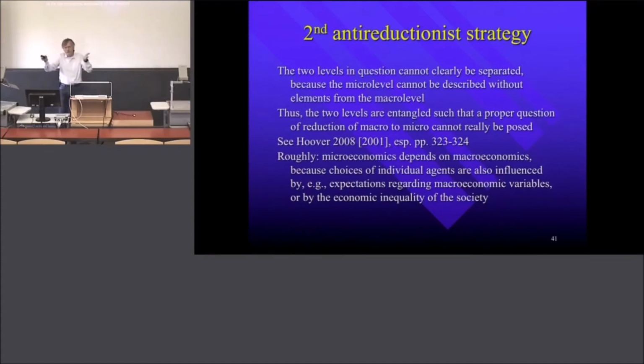Inequality of a society is, of course, a macro property of the society. People act on this basis, so the macro level already influences the micro level, and therefore it doesn't really make sense to ask, can the macro level reduce to the micro level? Because it's already present in there, and then the whole question becomes very fishy and strange.